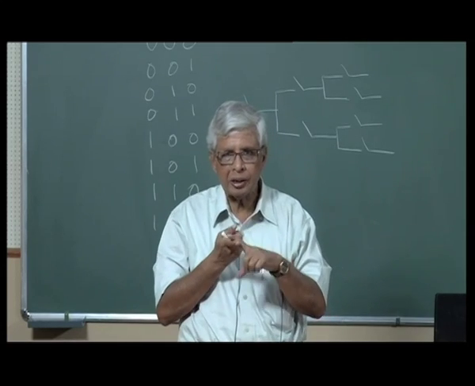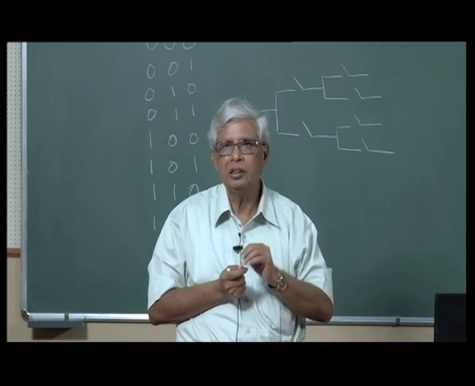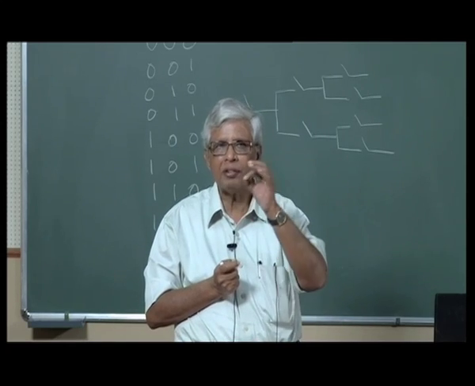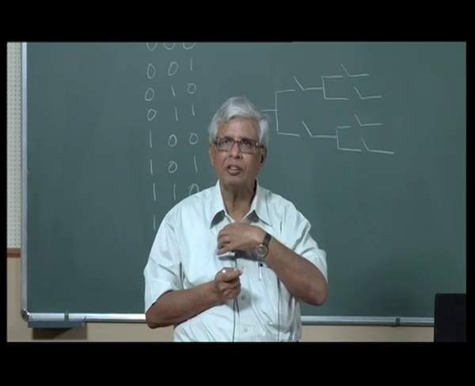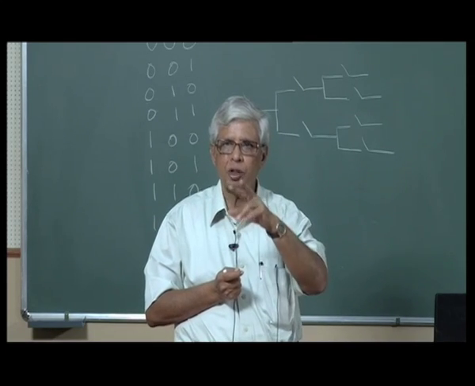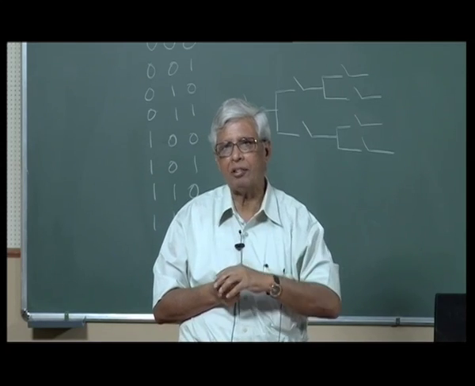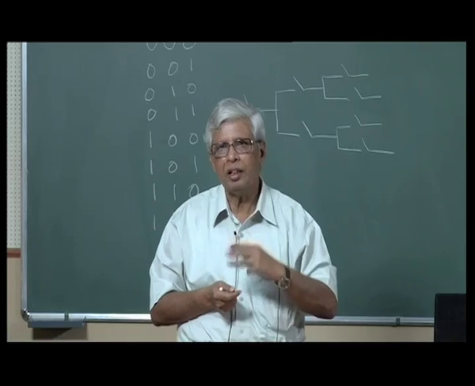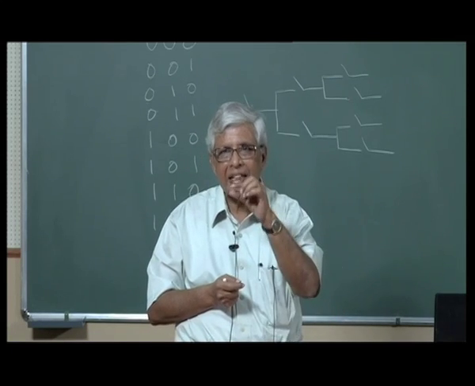Suppose you are trying to measure 1 volt, and what is the accuracy you want? You want only half a volt accuracy, 1/4 of a volt accuracy. 1/4 of a volt accuracy can be done with 2 bits, 00 01 10 11. If you want 1/8 volt accuracy, then you have 3 bits. Like that you go on, but you should know whether it is really required for that.